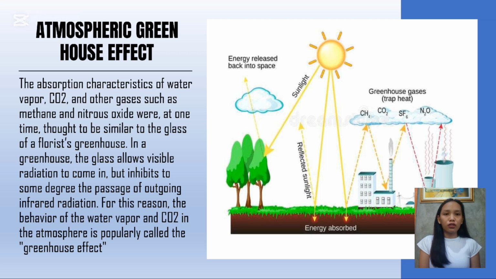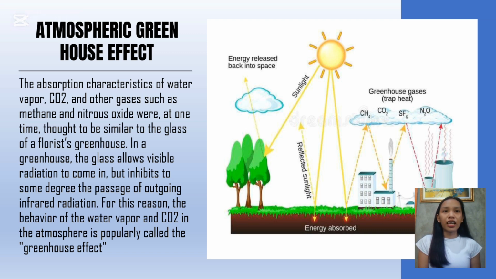But unlike sa ato fluorescent greenhouse na surrounded siya of glass, the greenhouse effect, which is the earth, it is surrounded by a jacket of gases called the atmosphere. So in the daytime, the sunshine gets through the atmosphere, warming the Earth's surface. So after the sundown, it cools down the Earth's surface.